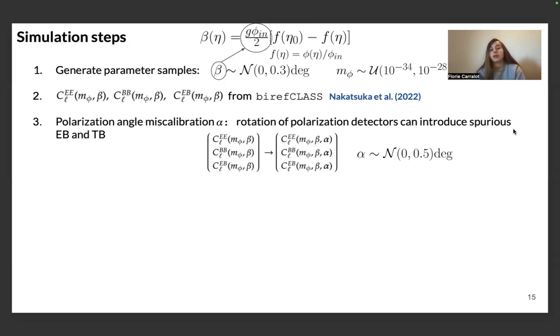I didn't talk about that, but a rotation of the detectors that measure polarization can introduce spurious EB and TB correlations, and this correlation can be confused with the true cosmological signal. So we introduce this polarization angle miscalibration, and therefore we have EE, BB, and EB power spectra that depend on our three parameters.